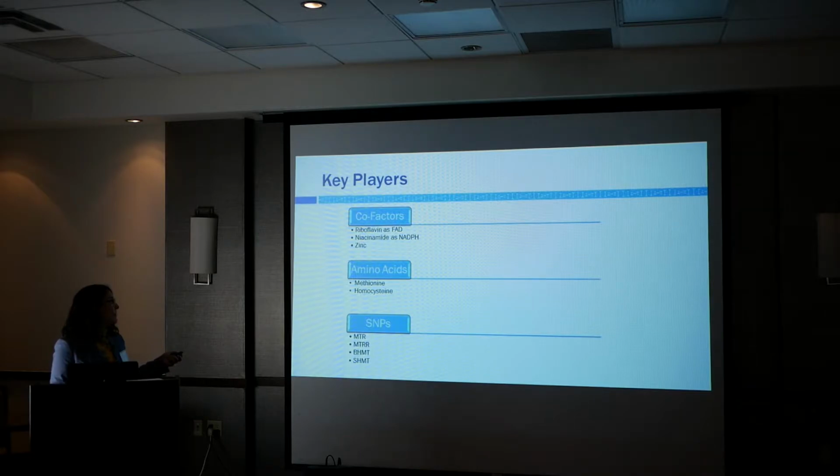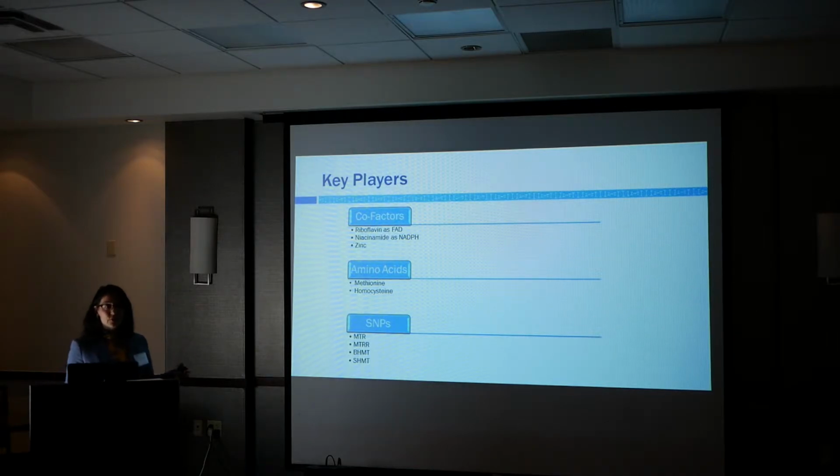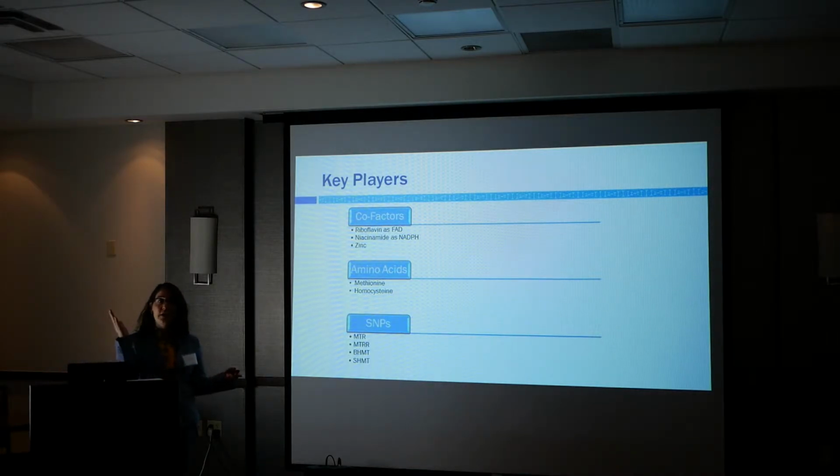NADPH is required, zinc, we already know the amino acids, and then SNPs that are indirectly linked include MTR, MTRR, which is methionine synthase reductase, that has to do with the recycling of cobalamin. BHMT, betaine homocysteine methyltransferase, which is essentially the shortcut across the methionine cycle. We'll talk about that in a minute.